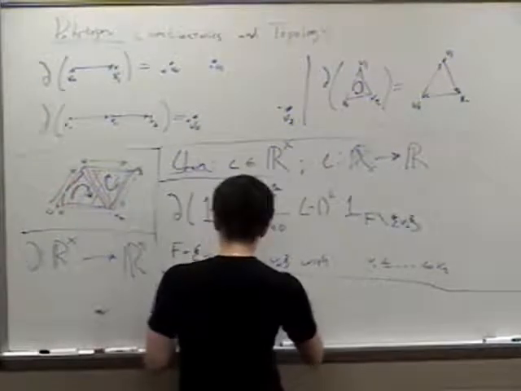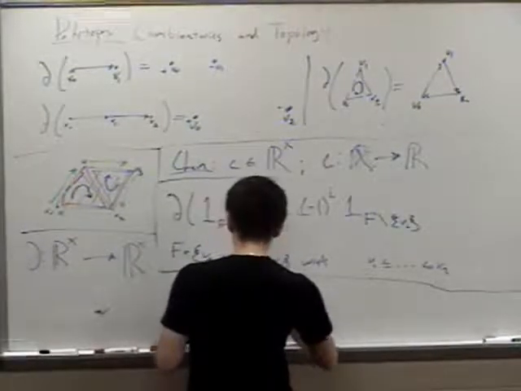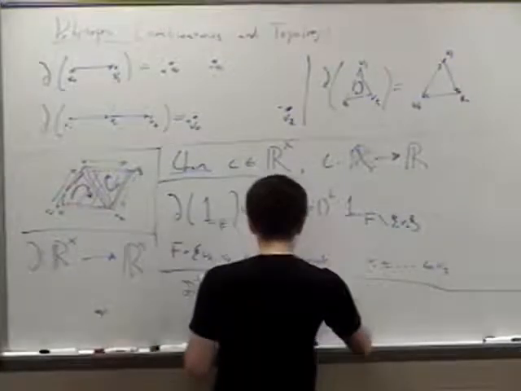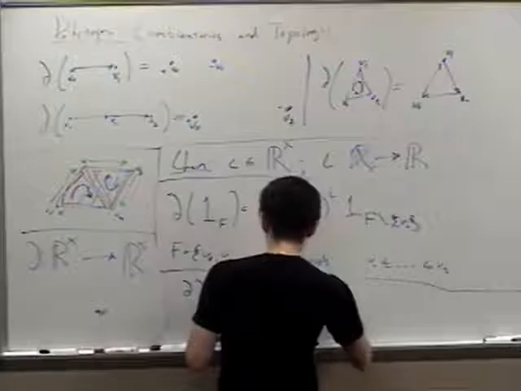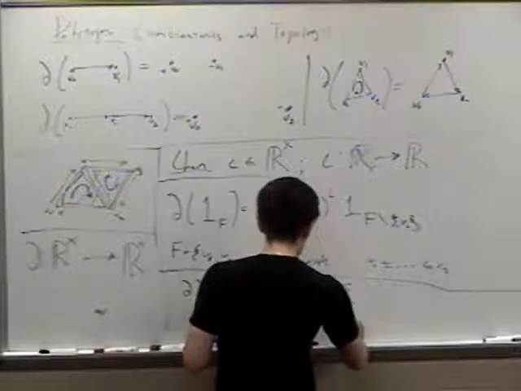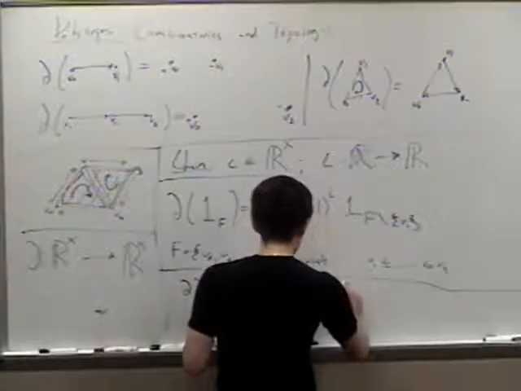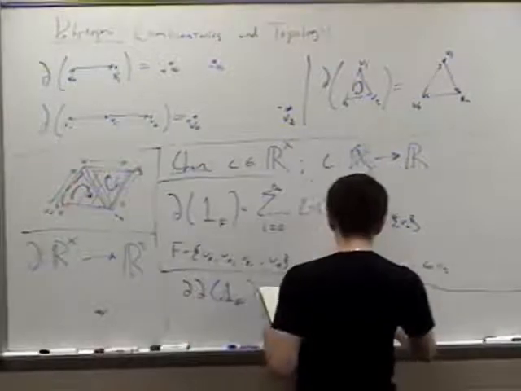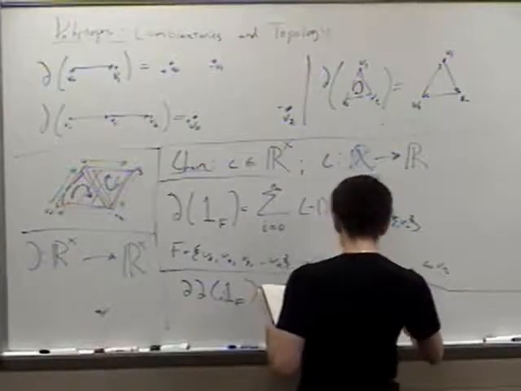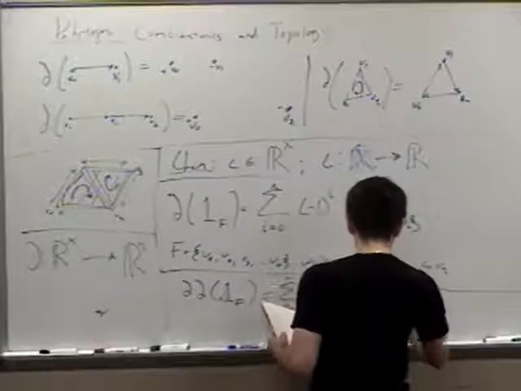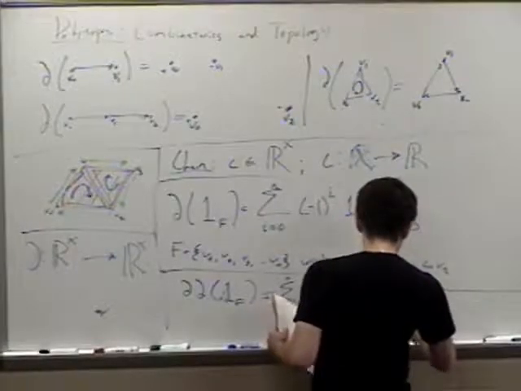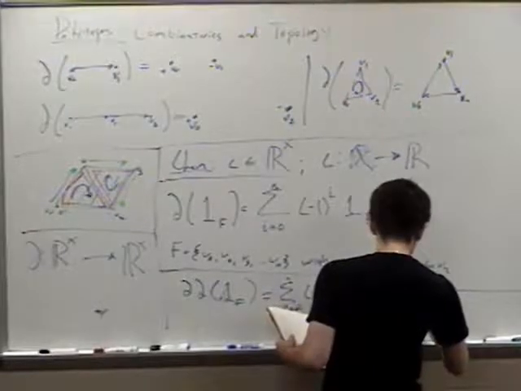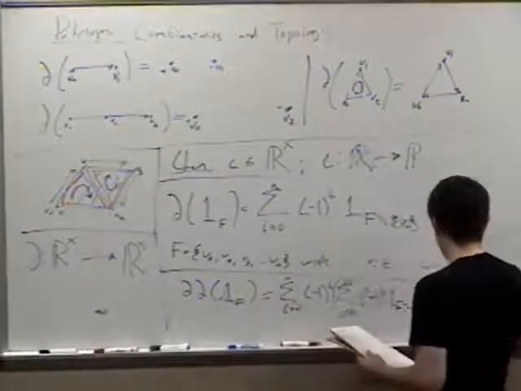This is going to be the sum from i equals 0 to n of (-1)^i, followed by the sum from j equals 0 to i minus 1 of (-1)^j times the face with v_i and v_j removed, plus the other elements.